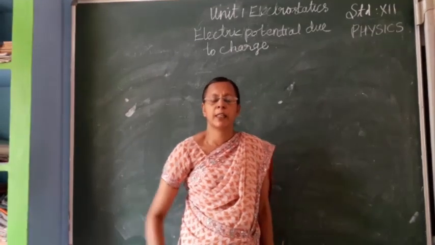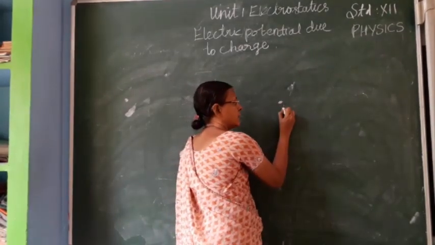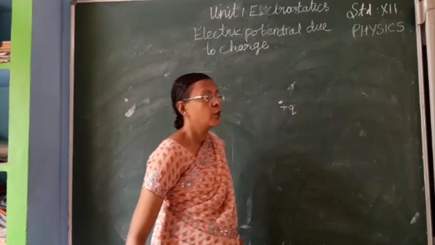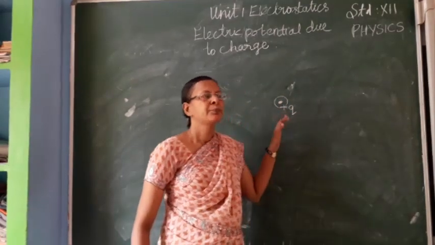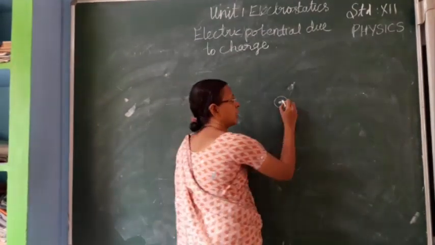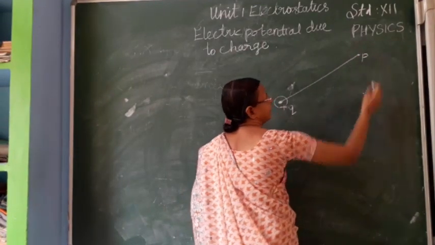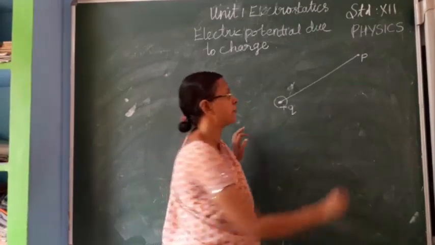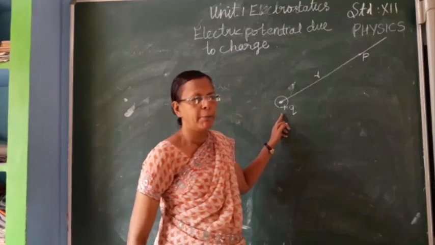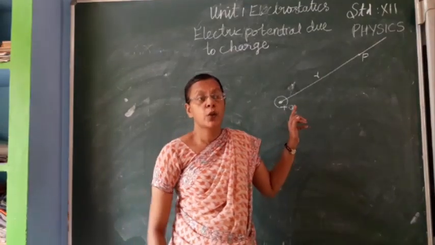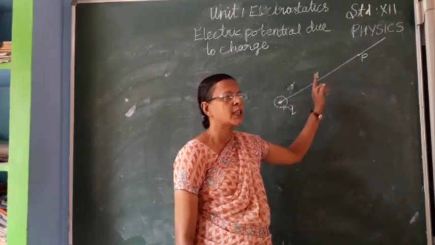We have to keep a charge plus Q at a particular point, at the origin. Then we take a particular point P. That point P is at a distance R from that plus Q.